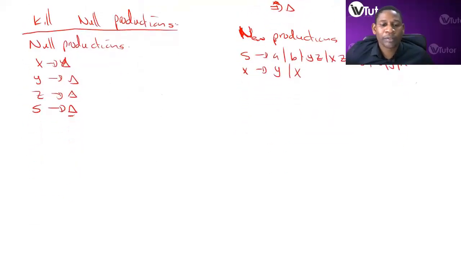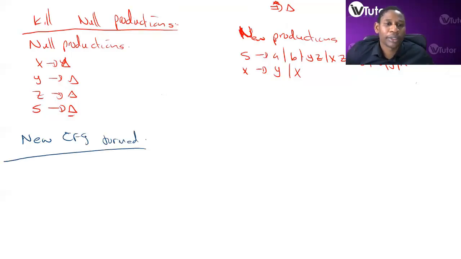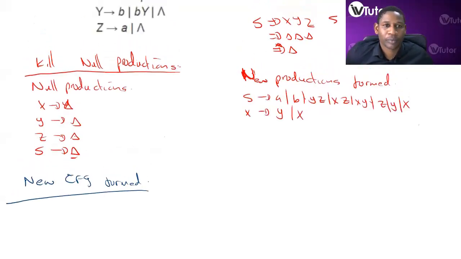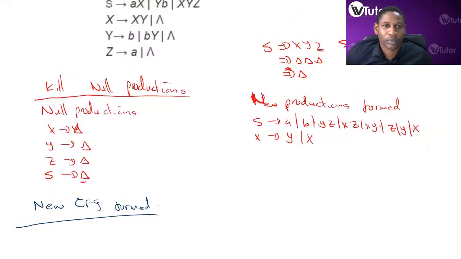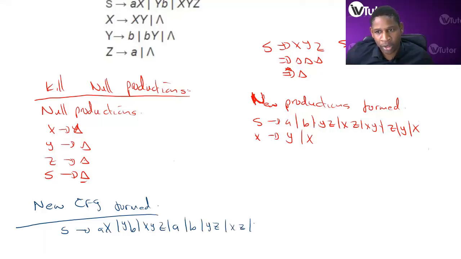Now to give the new CFG formed, we've got S goes to AX, YB, XYZ. We've got A, we've got B, we've got YZ, we've got XZ, we've got XY, we've got XYZ.